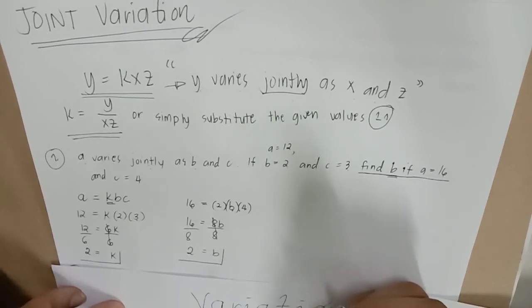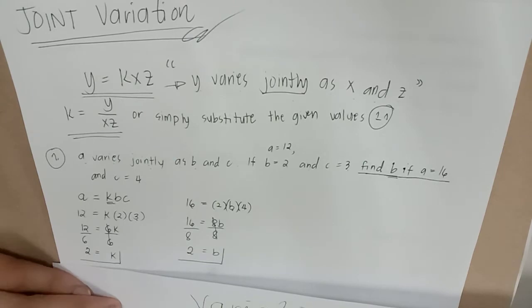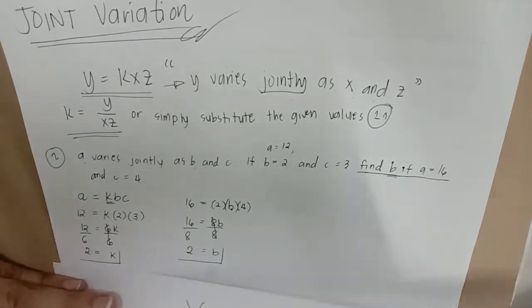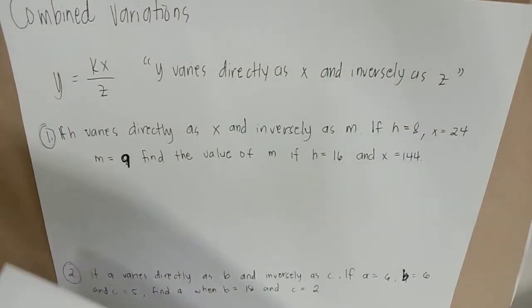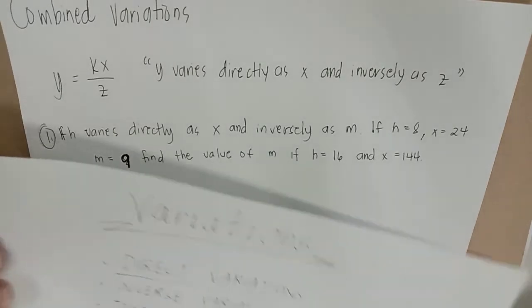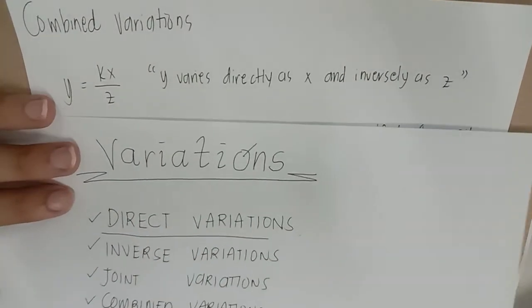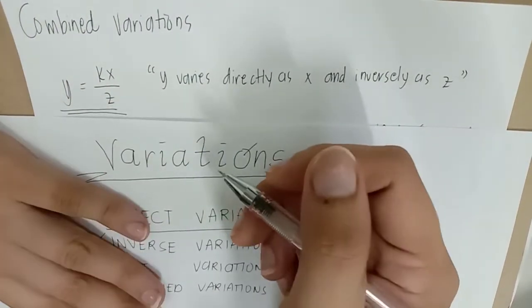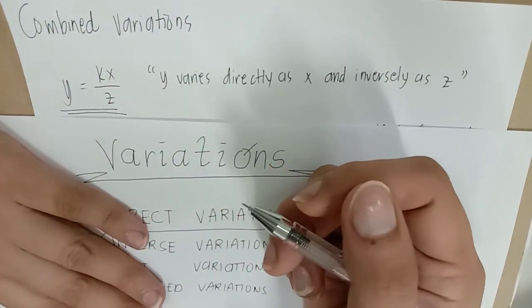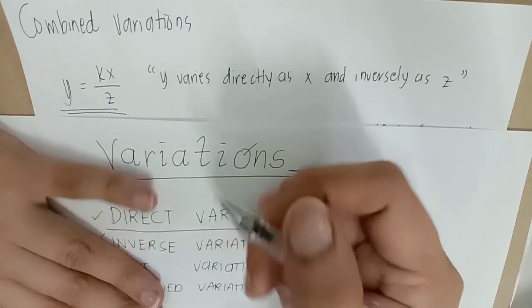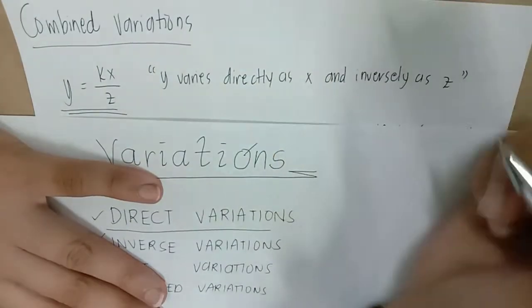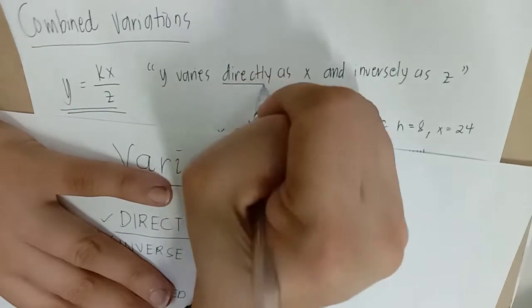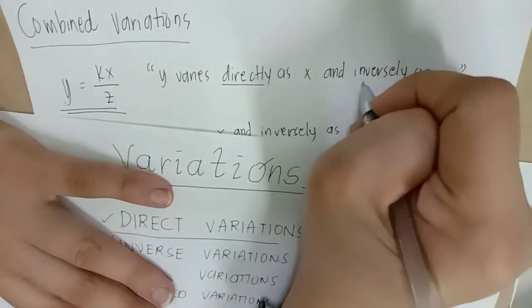Alright? Then last but not the least is the combined. Alright, so this one is the combined variation. Namely, meron po siyang formula which is y is equals to kx over z. So, si combined variation po, that is pinagsamang direct and inverse po.